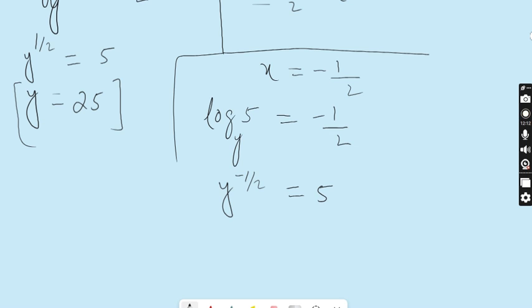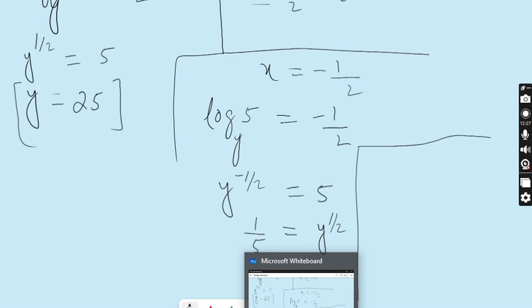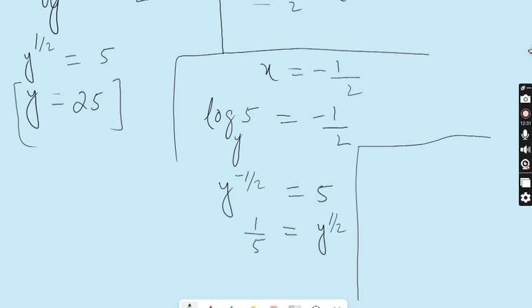Or you may write this 1 upon 5 is equal to y power half. This is the rule of indices. If you want to convert the power from negative to positive, you must take the reciprocal on both sides.